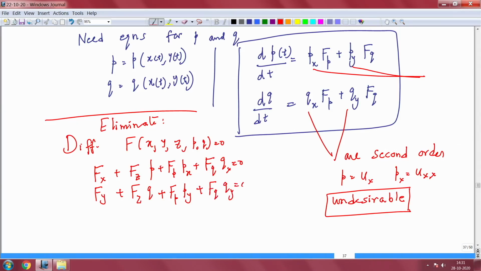So, you have to eliminate 4 quantities p_x, p_y, q_x, q_y. You have 4 equations, but you need one more equation.